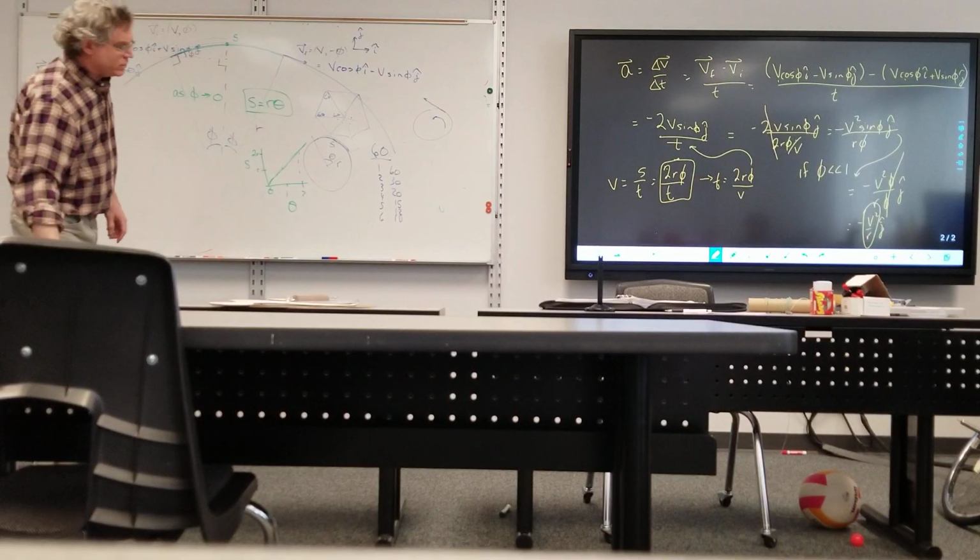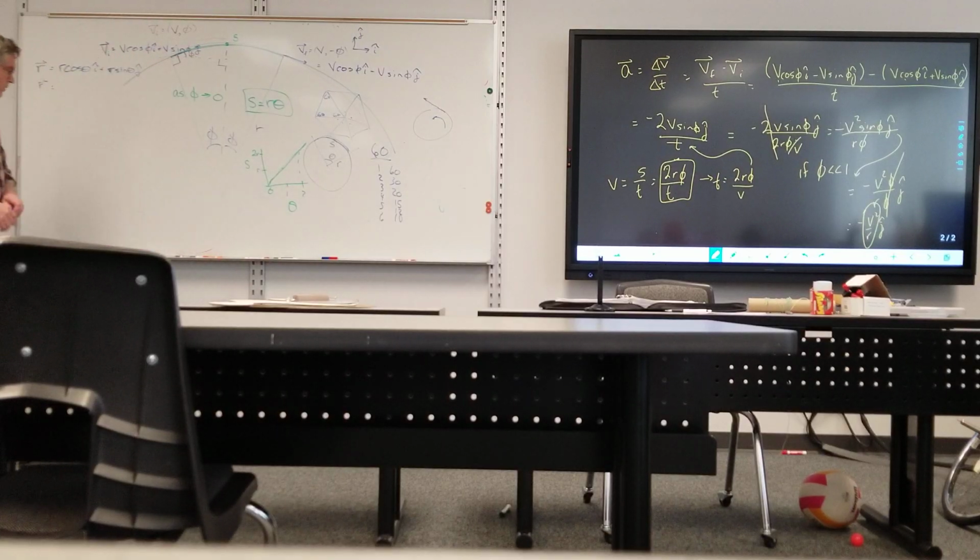So to generalize it, since it's always pointing towards the center, and I don't think I've officially introduced the r hat, along with i hat, j hat, k hat. I don't know if I've done r hat.